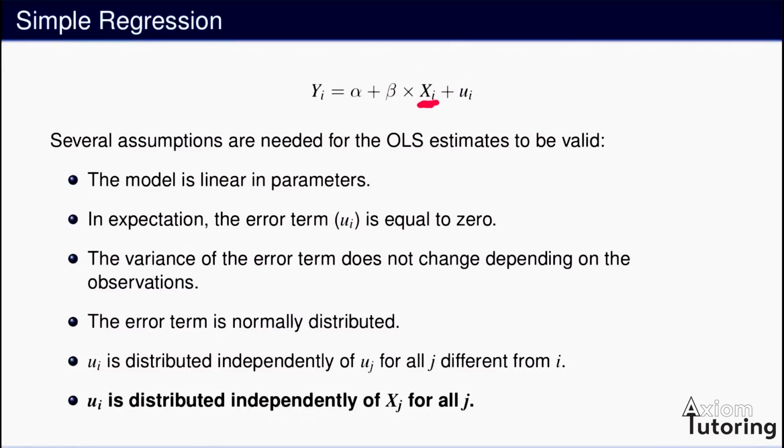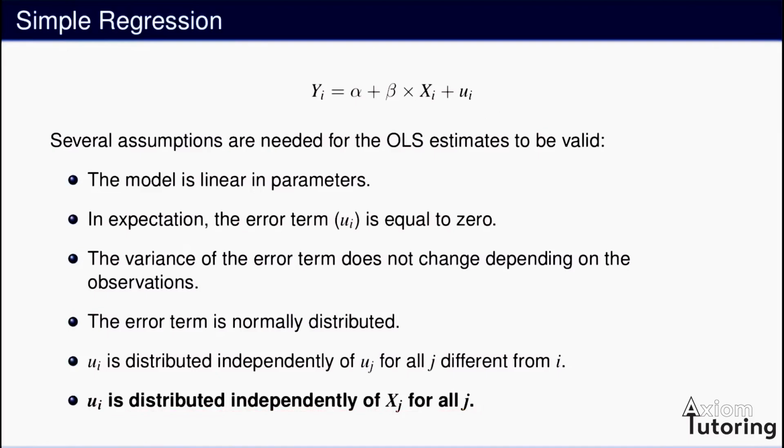If xi and ui, for example, are correlated, or if there's any relationship between them, that would cause a real issue down the line. So this is the assumption that we'll be most concerned with, and we'll see in future videos that this will cause all kinds of problems.